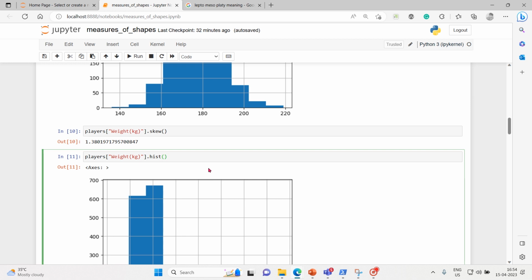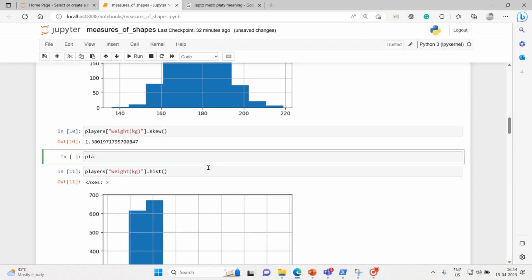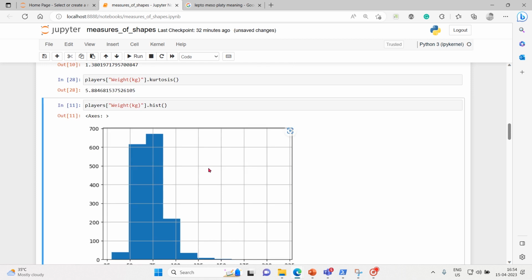Now let's look into the weight of the soccer players and see how it is distributed. Kurtosis, oh, it's too much. It's 5.884. It's greater than 0.